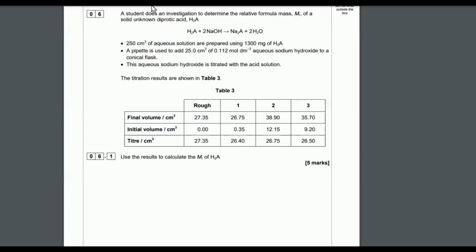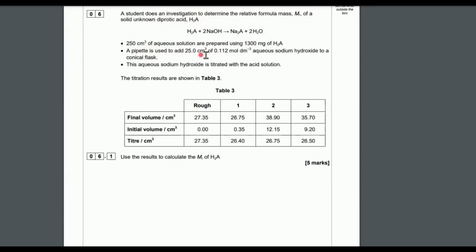Okay, going through a titration question. A student does an investigation to determine the relative formula mass, the Mr, of a solid unknown diprotic acid, H2A. Diprotic means 2 protons, so that's why there's 2 H's. H2A plus 2 NaOH goes to Na2A plus 2 H2O. 250 centimeters cubed of aqueous solution are prepared using 1300 milligrams of H2A.